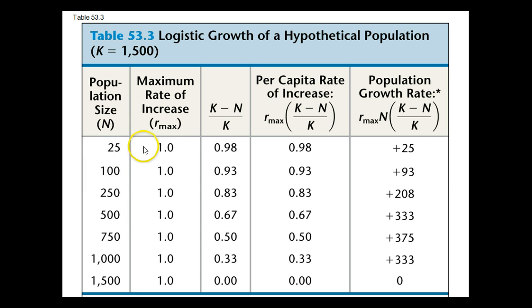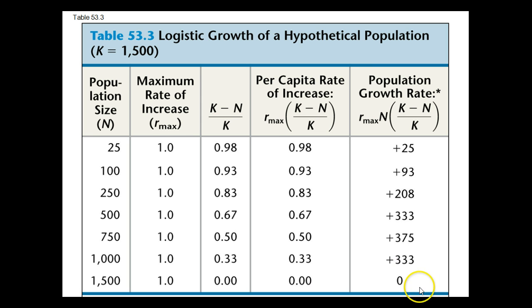Okay, so you can see the math. You have the population size N, the maximum rate of increase, and then the (K minus N) over K, and it tells you what K is. You can do the math and you end up with population growth rate, and you can see the numbers going up in your population size, and what's happening in this area, which is interesting.